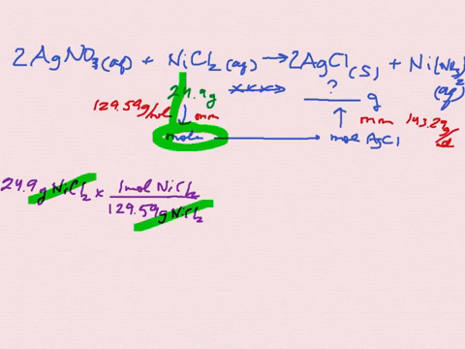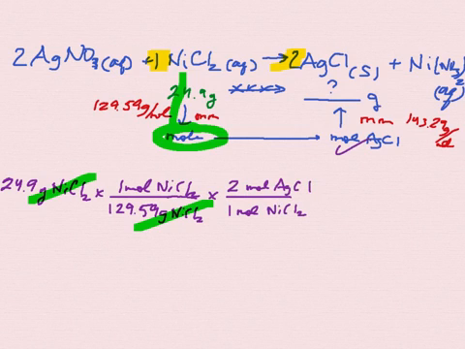Now the reaction says for every 1 mole of nickel 2 chloride, you're going to get 2 moles product. That becomes your mole ratio. You've got to organize that accordingly. What you want to put on the bottom is what you want to cancel, which is your nickel. So for every 1 mole of nickel 2 chloride, you're going to make 2 moles of silver chloride.